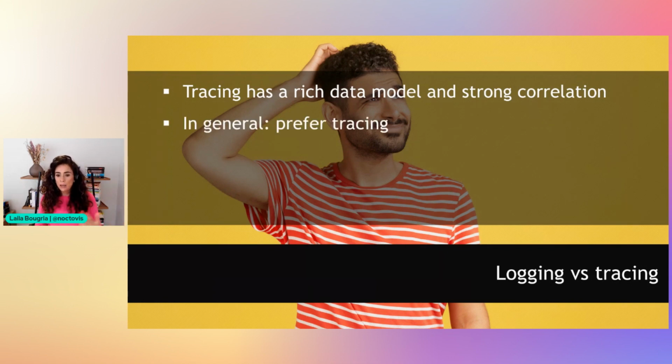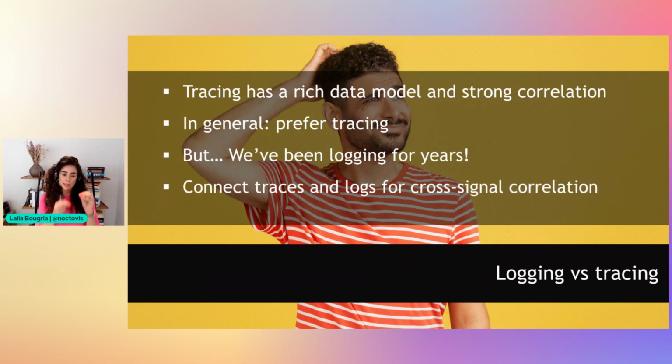So in general, I would say prefer tracing. But we've been logging for years, right? That effort is not lost. We can still keep all of that information, but what's really important is that we connect our traces and our logs together so that we have cross-signal correlation, so that when looking at the logs, we can connect that back to our traces and vice versa. And I have a sample again available at the end to show you how to do this.